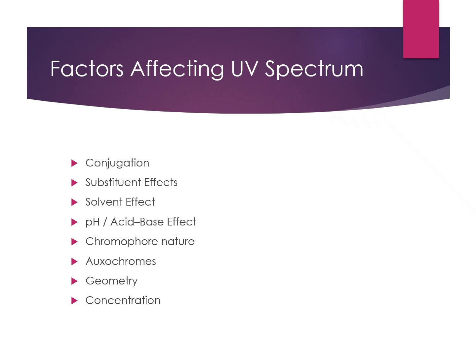Factors affecting the UV spectrum. Here we will analyze 10 major factors, which are conjugation, substituent effect, solvent effect, pH effect, chromophore nature, auxochromes, geometry and steric effects, concentration effects, temperature effects, and instrumental parameters.